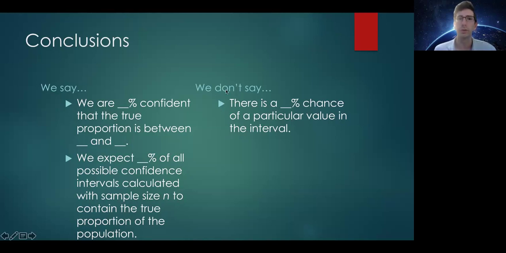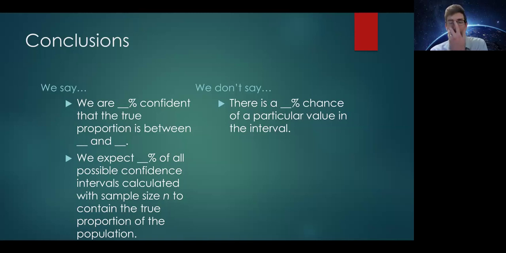We don't just directly say there's a 95% chance of a particular value in the interval. This is because we've only calculated one confidence interval, right, with one specific sample proportion. Whereas we know there's a distribution of many different sample proportions that you could get depending on the sample that you take. We could take many, many different samples from the same population, and each of those samples could give us a different sample proportion, right?